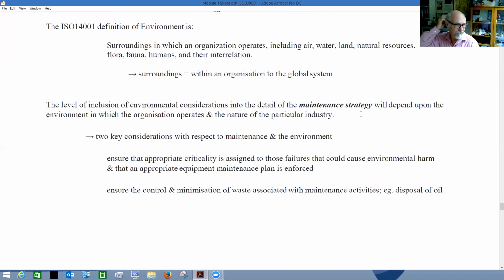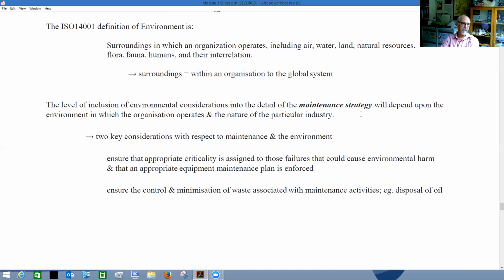The ISO 14001 definition of environment is the surroundings in which an organization operates, including the air, water, land, natural resources, flora, fauna, humans, and their interrelation. So surroundings extend from within the organization to the global system.